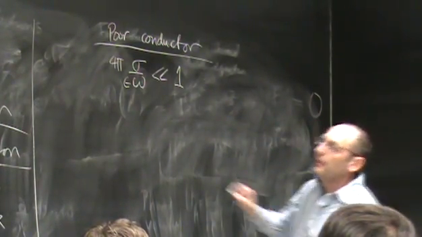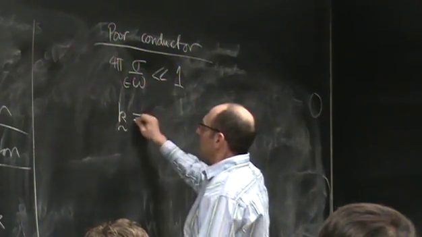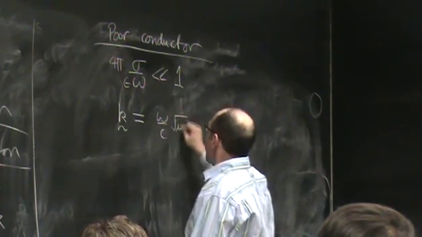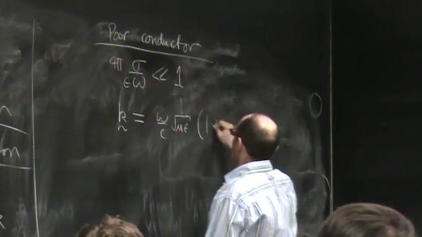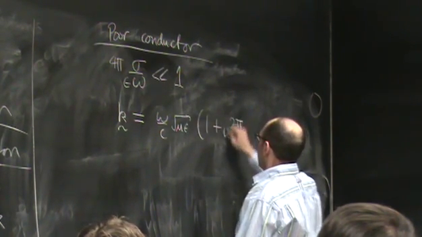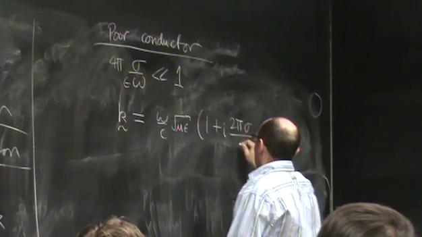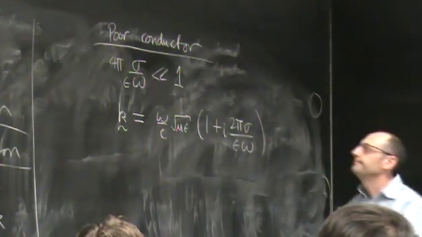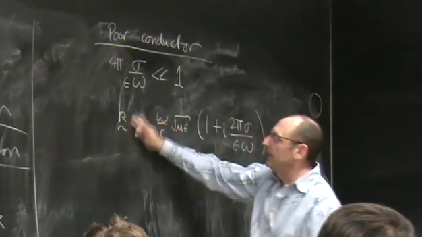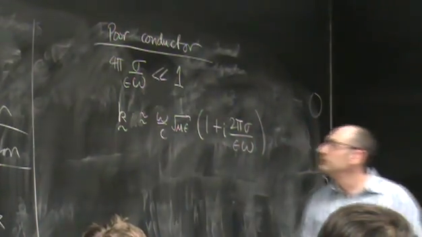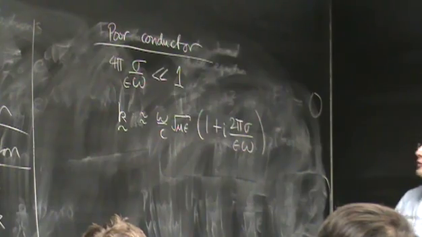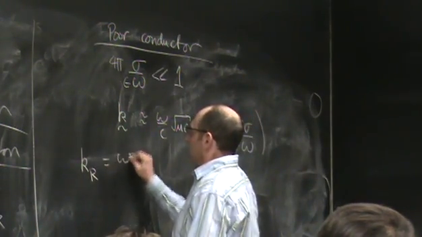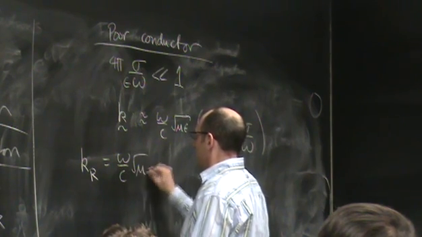So then, in that case, I can just use the binomial expansion here and write this as 1 plus 2 pi sigma over epsilon times omega, approximately equal to. Okay? So the real part here is just as before.